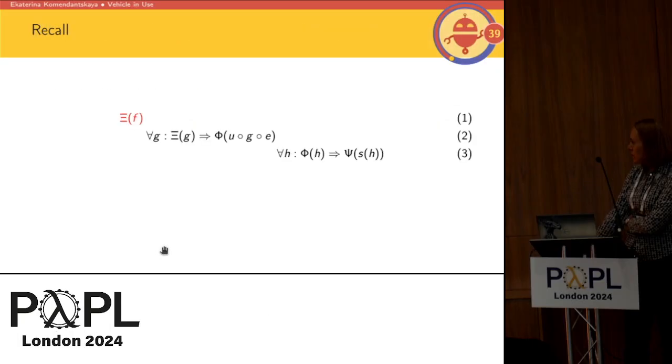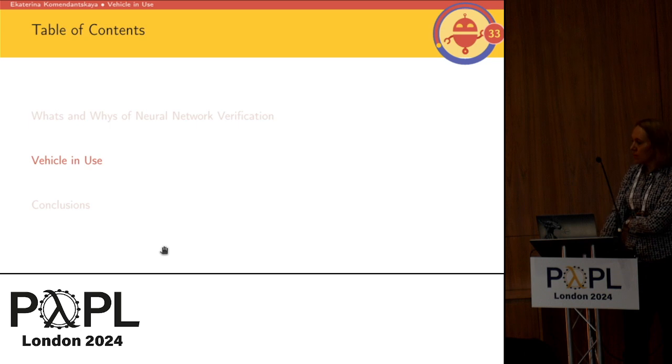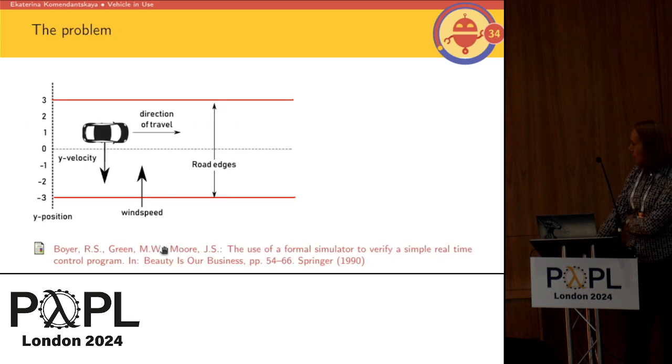Mm-hmm. So I guess thinking about if one day people want to apply this sort of approach to actual cars on actual roads, they're going to have a model of actual car physics and actual roads.